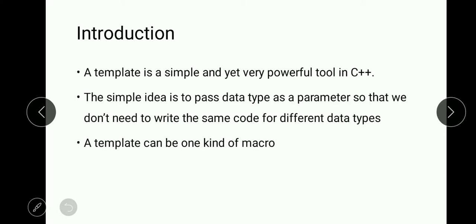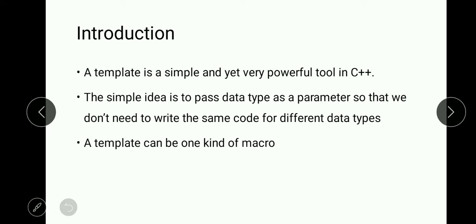So the idea behind the template is to pass data type as a parameter so that we don't need to write the same code for different data types. That is, suppose I want to execute the same code for character data, for integer data, for float data.